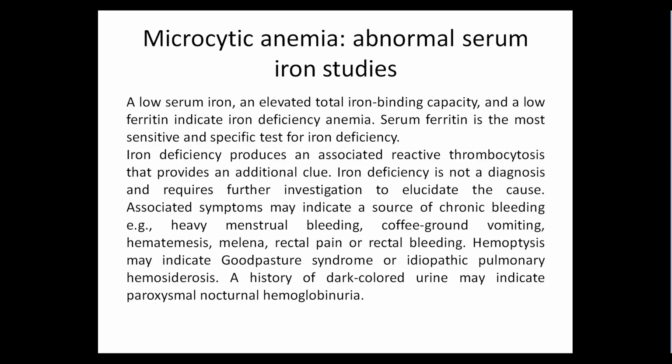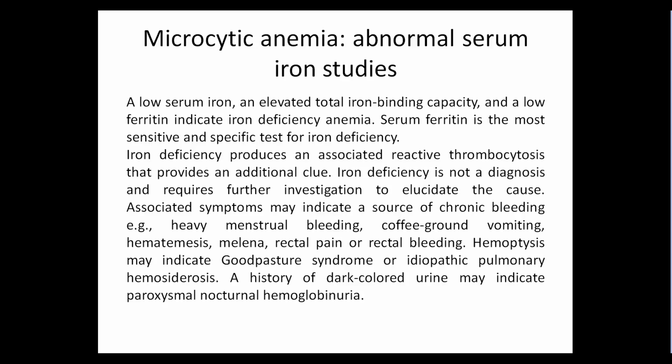A low serum iron, elevated total iron binding capacity, and a low ferritin indicate iron deficiency anemia. Serum ferritin is the most sensitive and specific test for iron deficiency. Iron deficiency produces an associated reactive thrombocytosis that provides an additional clue.